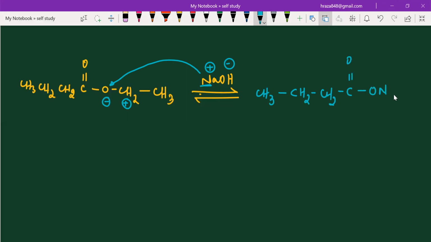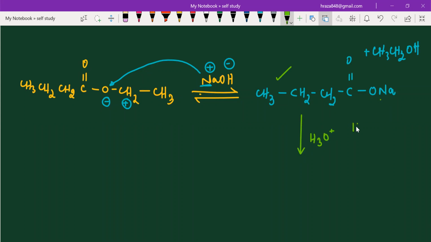This is basically your salt. As a byproduct you will get an alcohol, that is CH3, CH2, OH. Now after the formation of this salt, you are going to react this with acid, that is H3O positive. So there will be proton transfer.